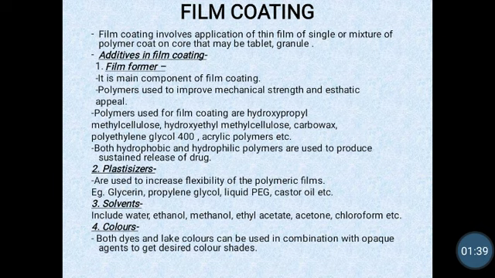So the polymers used for film coating are hydroxypropyl methyl cellulose, hydroxyethyl methyl cellulose, carbowax, polyethylene glycol 400, and acrylic polymers, etc. Okay, so all these polymers, either single or in combination, are used as film formers.